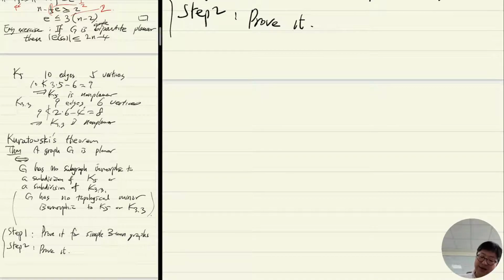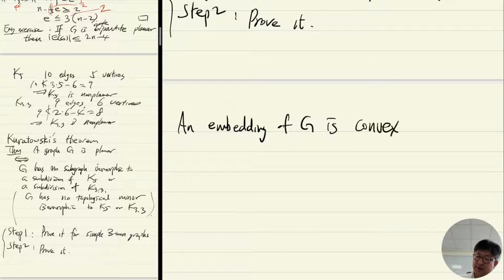Now here's a nice concept. A drawing, an embedding of G, is convex if every edge is a straight line segment, and every inner face is convex.